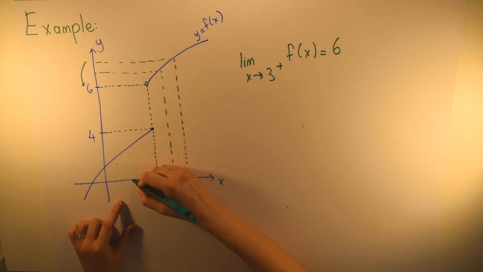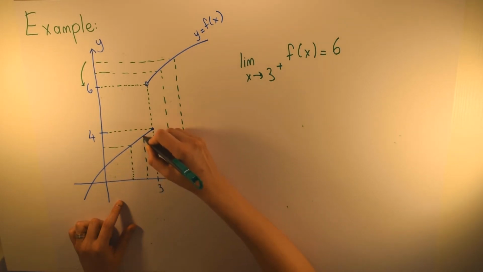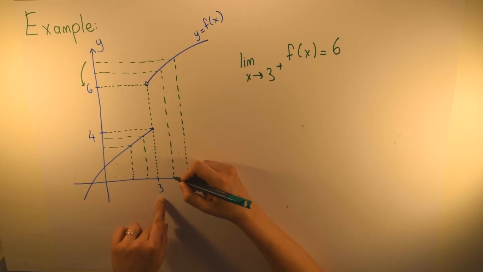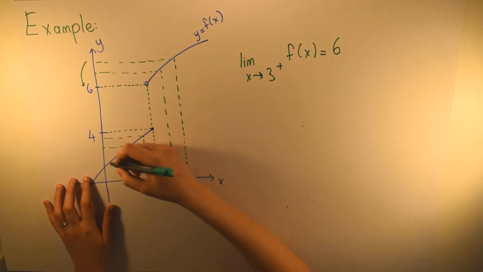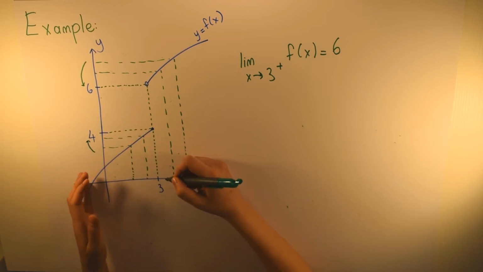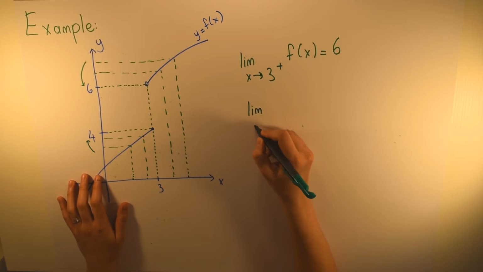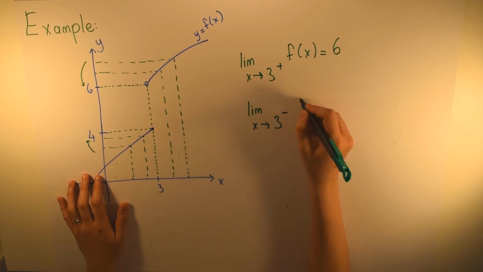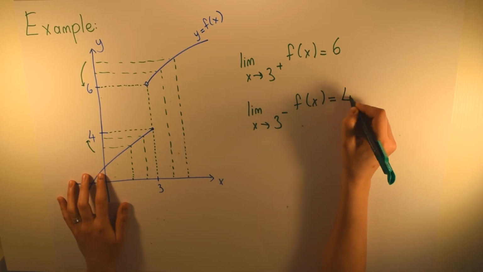So here, when I approach 3 from the left side, as you can see, y gets closer to 4, right? As you can see, it gets closer to 4. So I can say that limit as x approaches 3 from the left side, f of x is equal to 4.